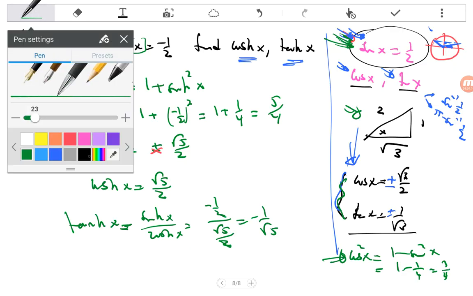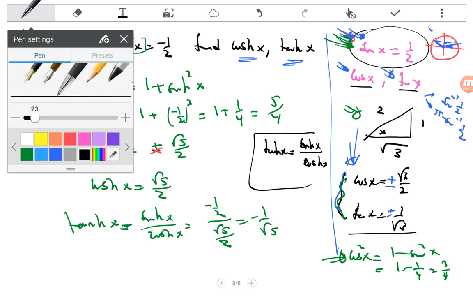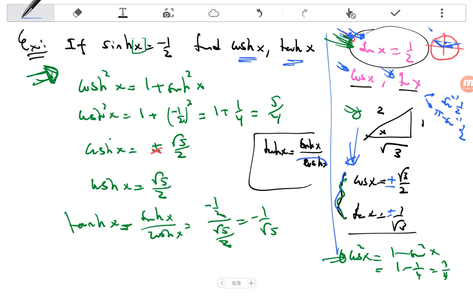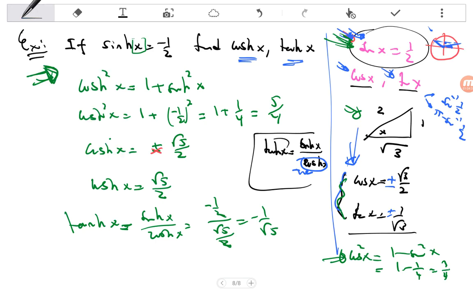Now there is a rule that we may need, that we learned: tangent x is just sine x over cosine x. And we learned that cosine x is always a positive value. So that means that tangent always has the same sign as sine.